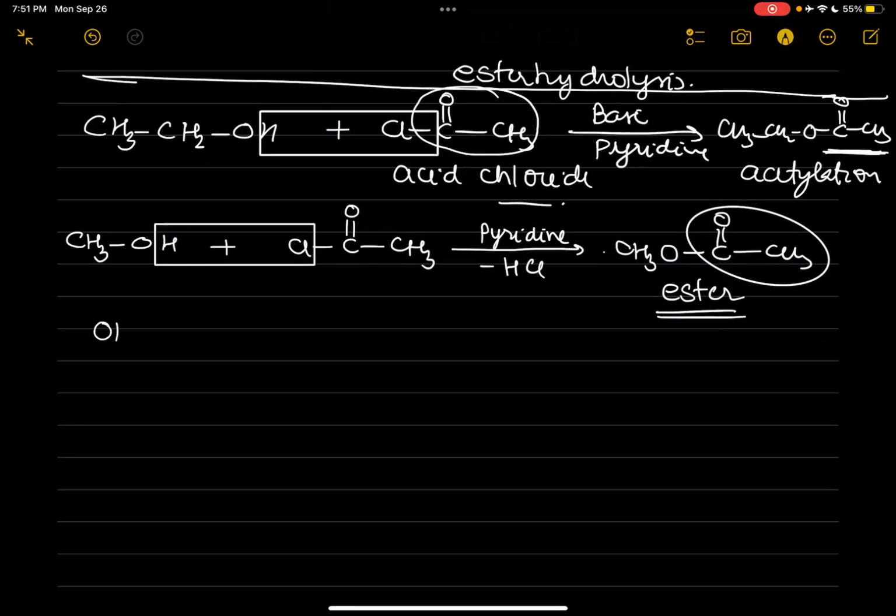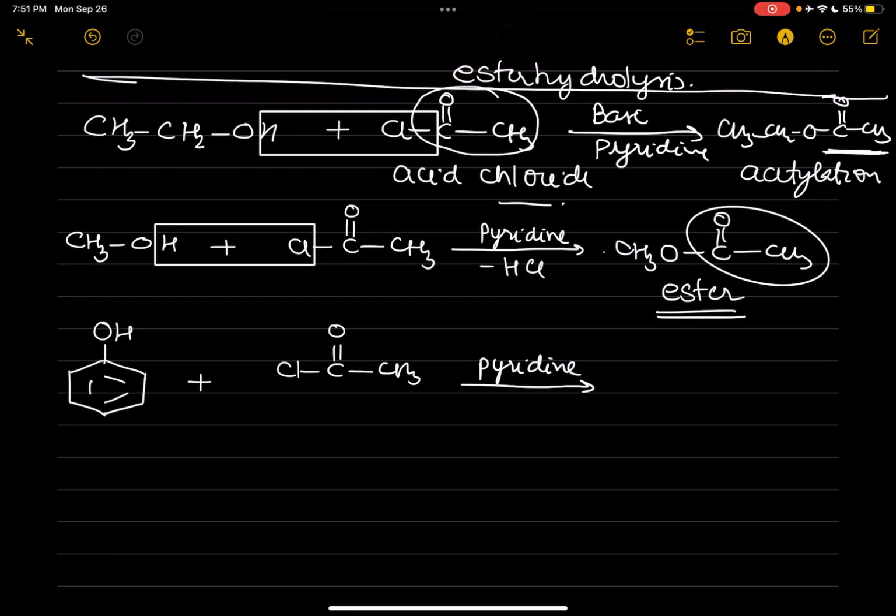There is an acid. This is phenol. Okay. And if you react it with the same, so what we are going to get, same here.